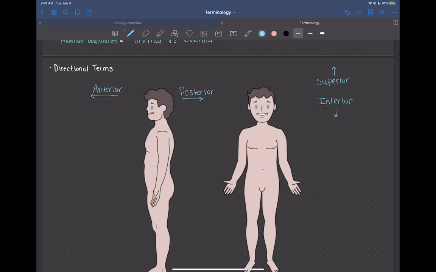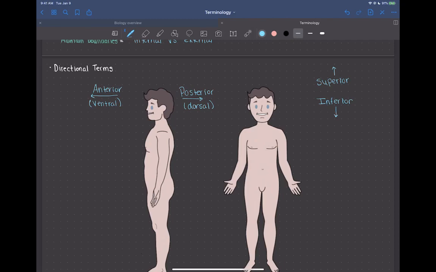So you may hear ventral, which means the same as anterior, all right, towards the front or towards the belly. And posterior would be dorsal, all right, towards the back. So those mean the same thing, all right? So anterior, posterior, ventral, dorsal, both refer to either the front or the back.